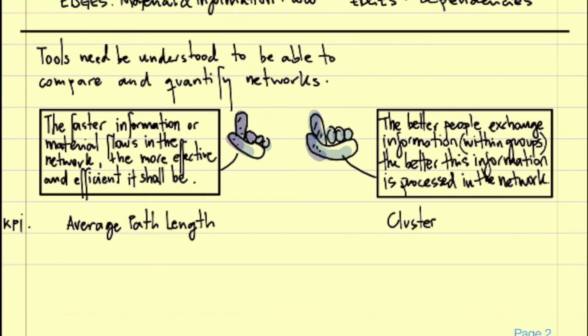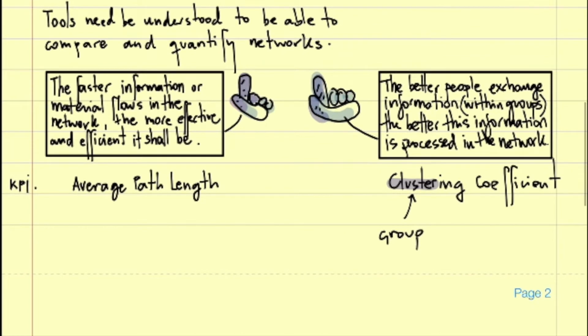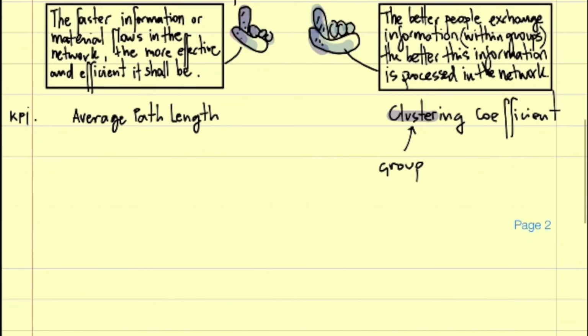Cluster means group in English, so a cluster is a group. That's why we're talking about groups. These are two KPIs that we are going to learn how to measure given any network. Any questions so far?